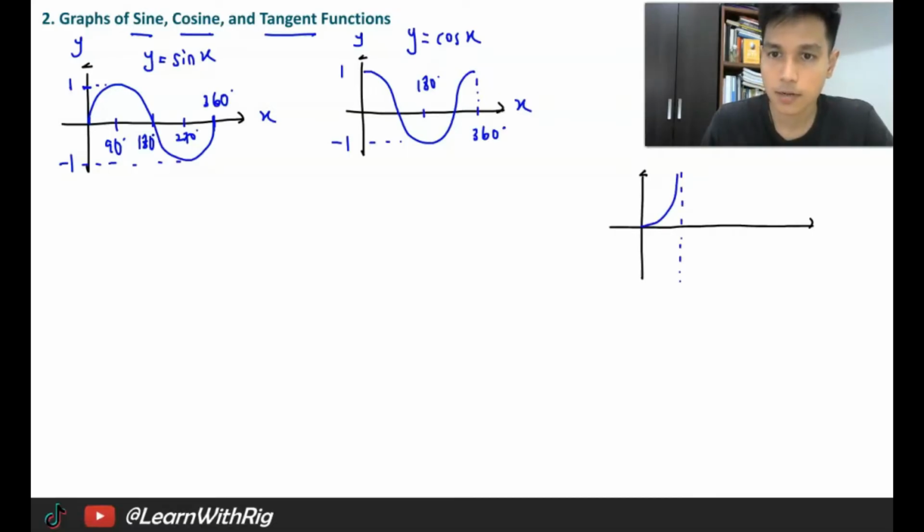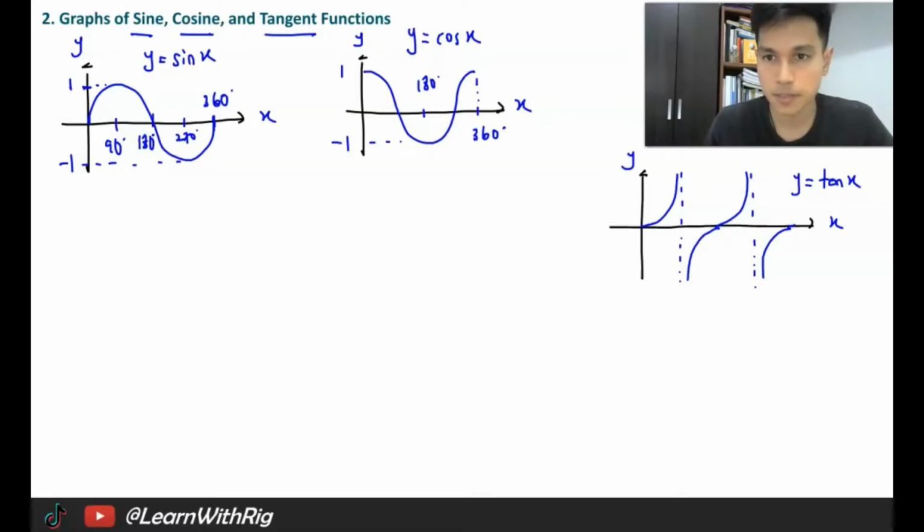The line will never touch the asymptote. So it comes here again, another line. Here is another asymptote. Then here. Okay, this is a tangent graph. So this here will be y, here will be x. This is y equals tangent x.